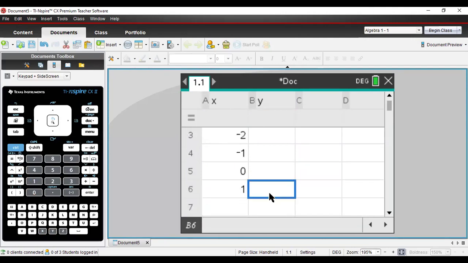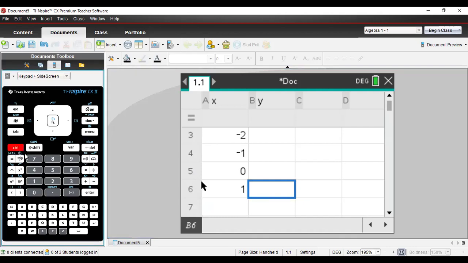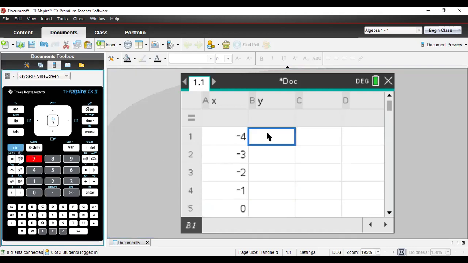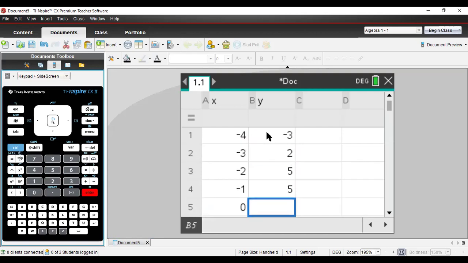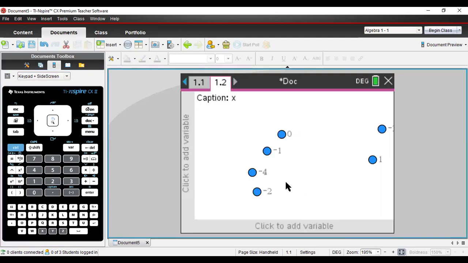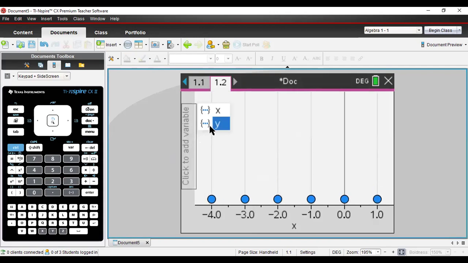And then I'm going to come over here, do Control-7 to get to the top of the column. And then we're going to do -3, 2, 5, 5, and then 2, and then -3. So we got that. So now we're going to do the dot plot. So this is X, this is Y.